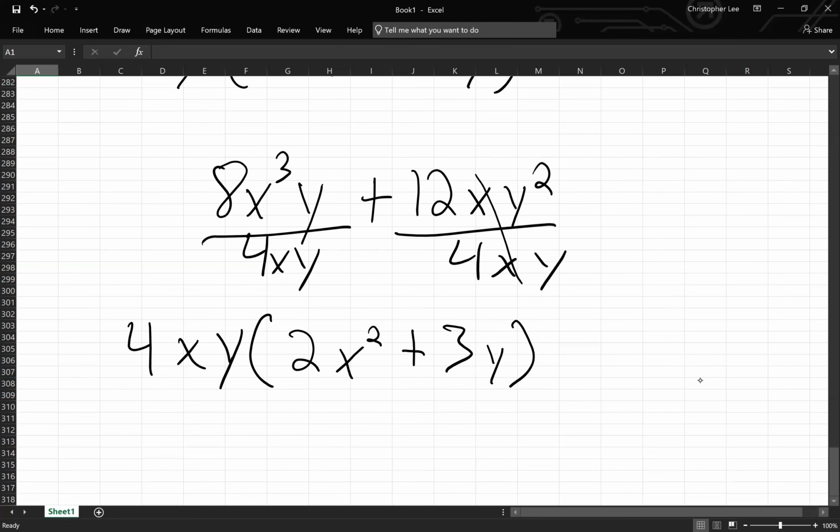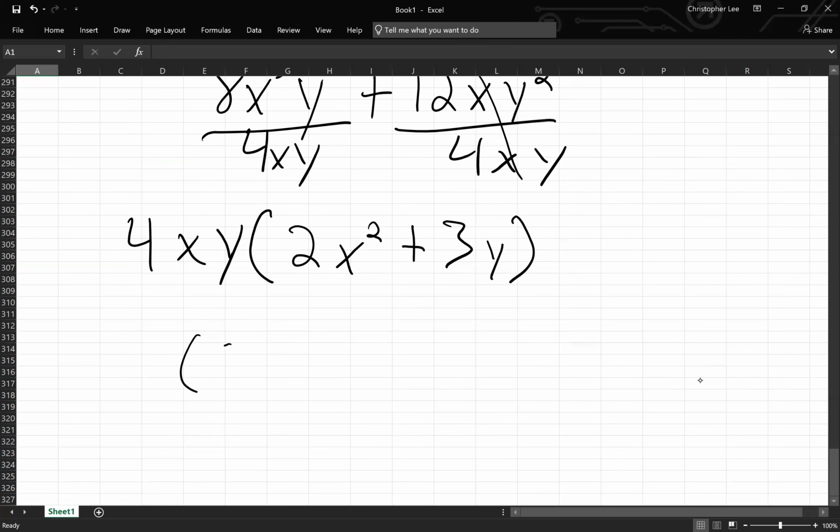I got parentheses 6 plus 5y to the fifth, like that? And 6 minus 5y to the 5th.